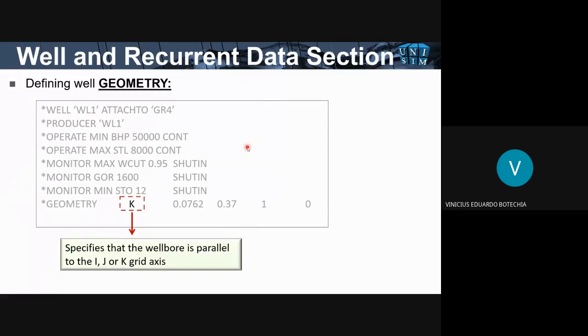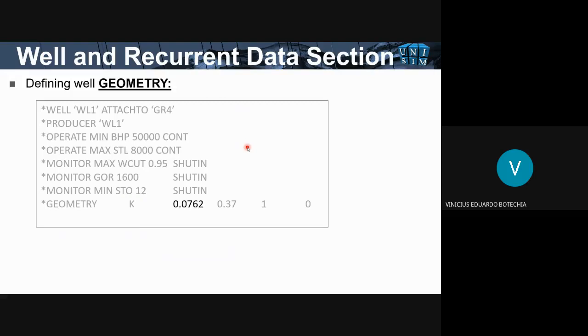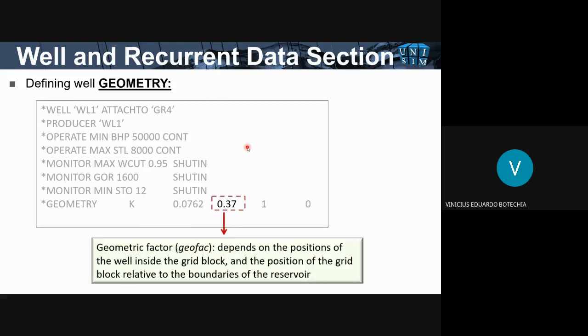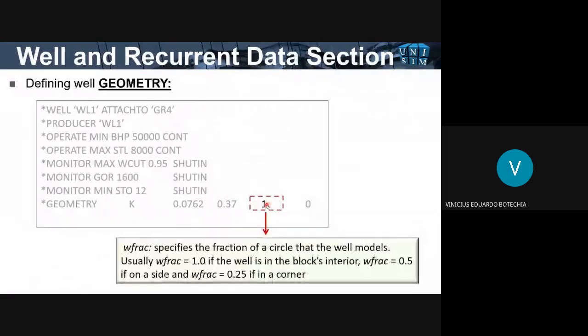So if you are looking above the reservoir from an aerial perspective, then this is the radius of the well. This is called a geometric factor and depends on the position of the well inside the grid block. And this one is also another geometric factor, right?